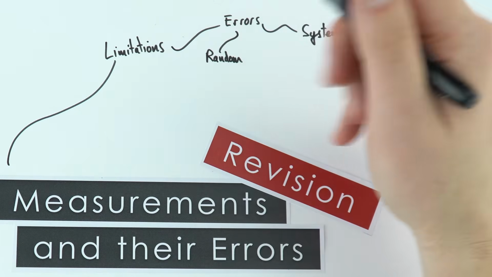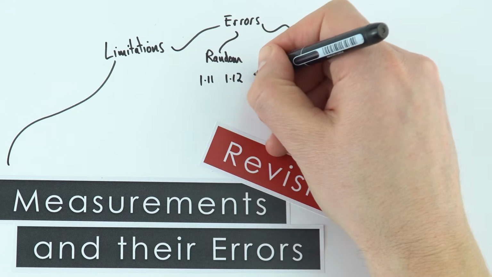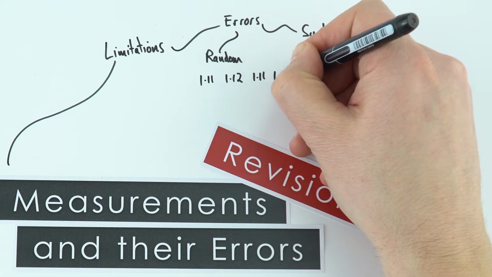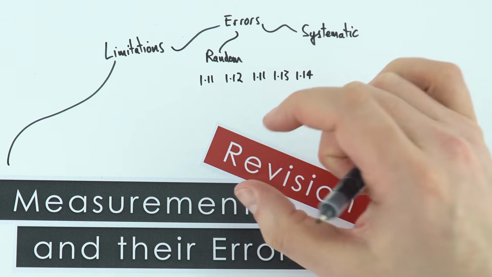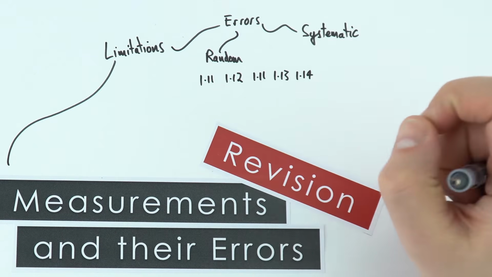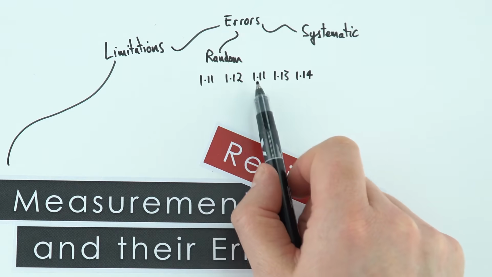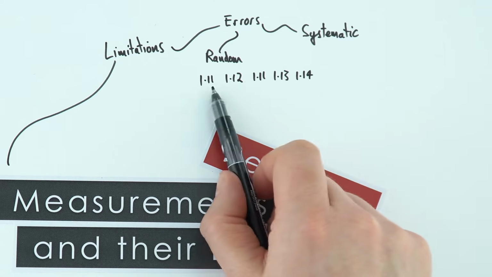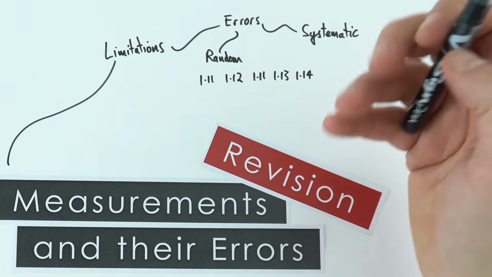Now, perhaps we took some data and we got values of maybe 1.11, 1.12, 1.11, 1.13, 1.14. That's the kind of stuff you might get, and it doesn't matter if this is length or time or current or whatever it might be. And basically what we have is there's some kind of spread of this data around whatever the true value is going to be. And basically this is just something that happens in real life.